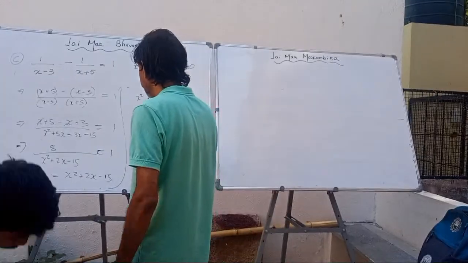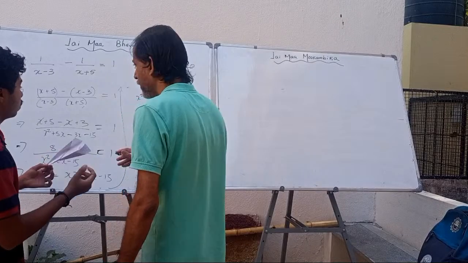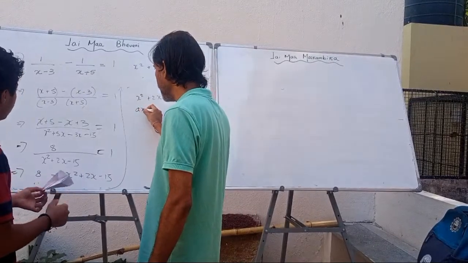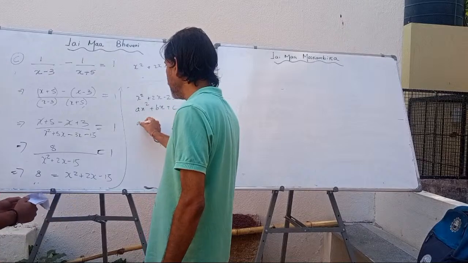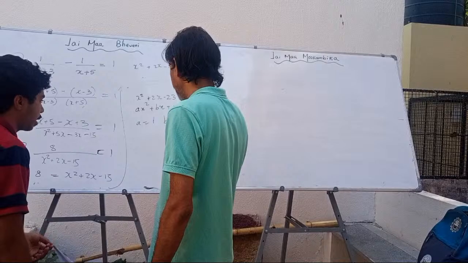See, in this case, the roots are imaginary. ax square plus bx plus c is equal to 0. a is equal to 1, b is equal to 2, c is equal to minus 23.